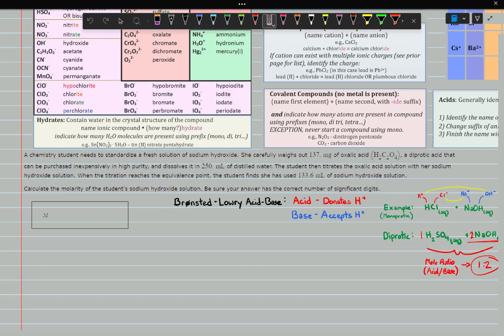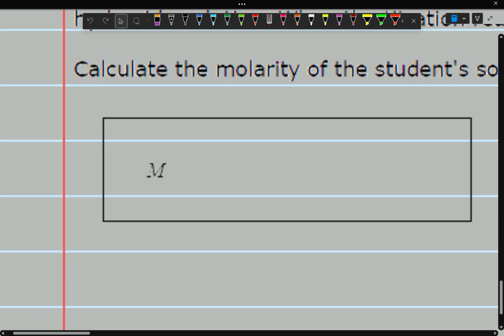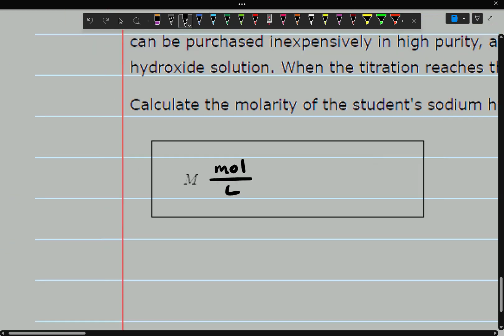When the titration reaches equivalence point, the student finds that 133.6 milliliters of sodium hydroxide has been used. And we want to calculate the molarity of the sodium hydroxide solution that she used to titrate. Remember that molarity is denoted with a capital M and stands for the amount of moles per liter.